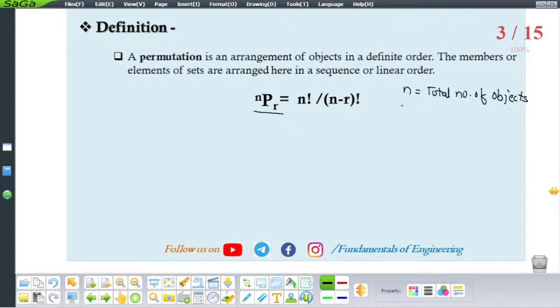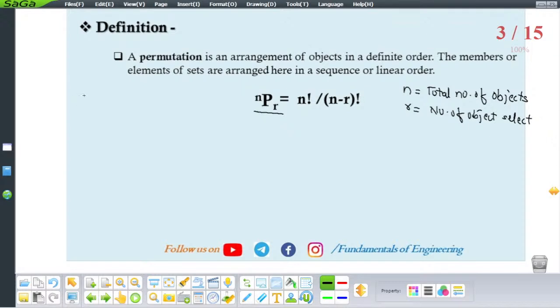And this small r is the number of objects we are going to select, and the objects which we are selecting, we are arranging. So the formula of permutation is nPr, where we count the number of possible arrangements in a set when the order of arrangement matters.